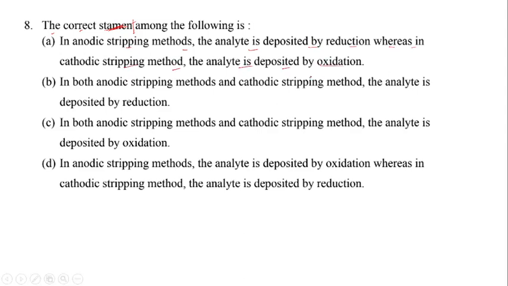So first of all, to answer this question, it should be clear in your mind what stripping is and how stripping works. First I will explain that, then I will go further. So what is stripping? If you see the graph, suppose you are applying potential here, and this is time.